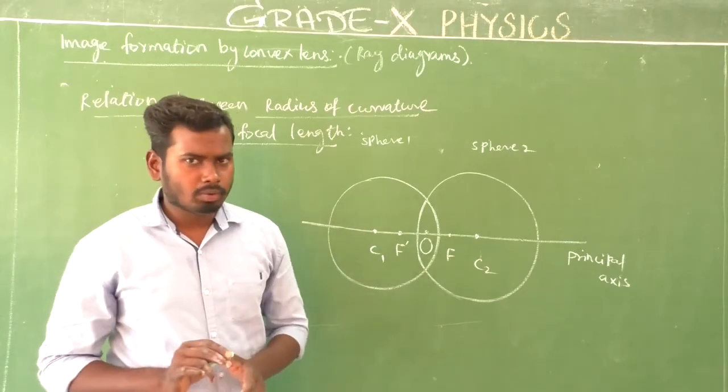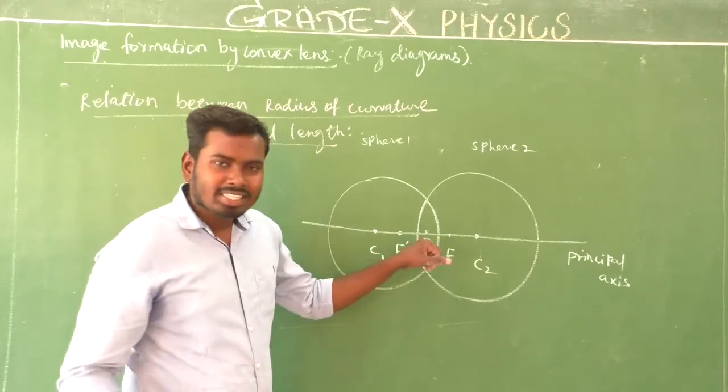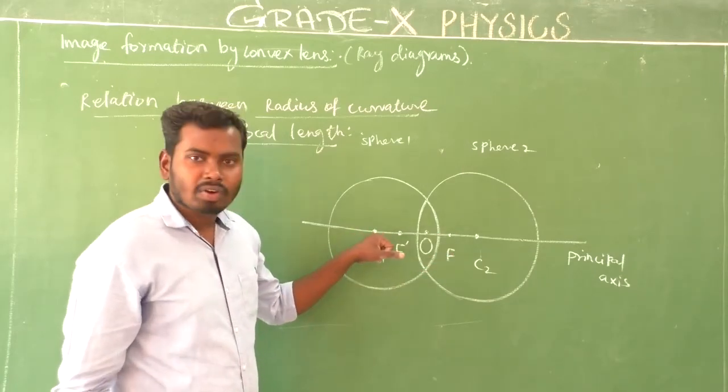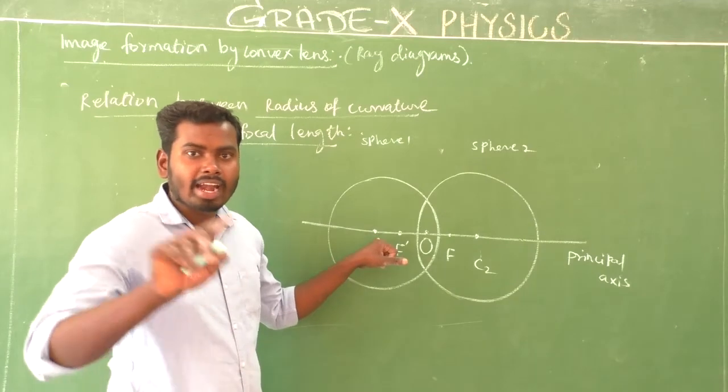But already we know the distance between the optical center and the center of curvature. What is that? That is the radius of curvature.